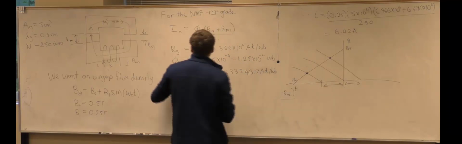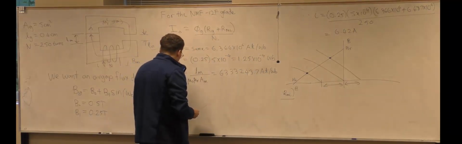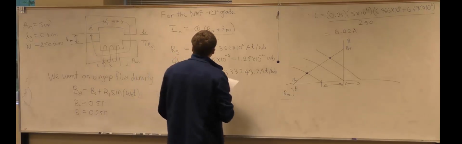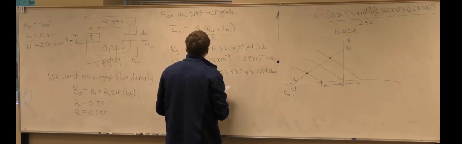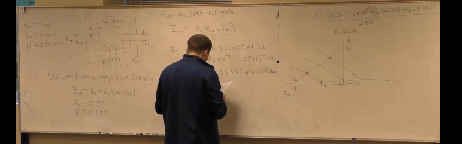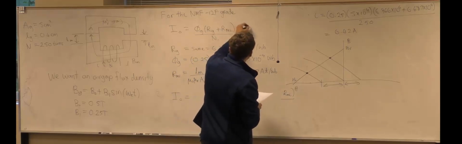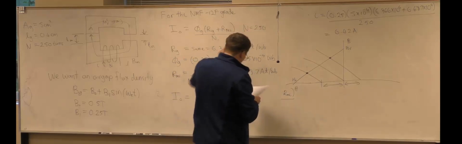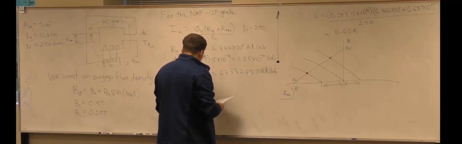So with those three things, we can then obtain the current, substituting in those where the N is 250. I get out 3.18 amps.